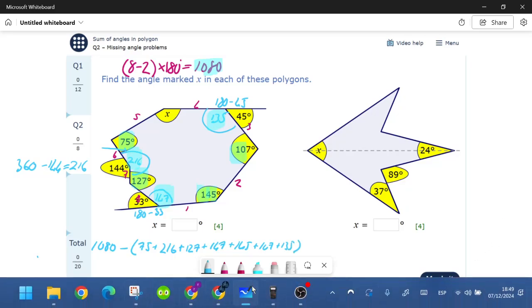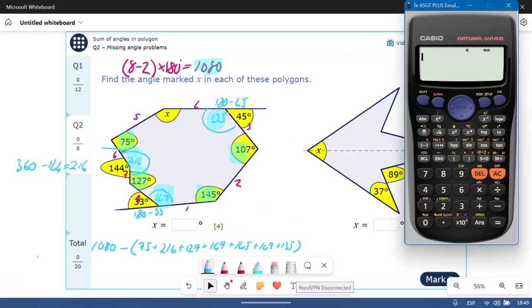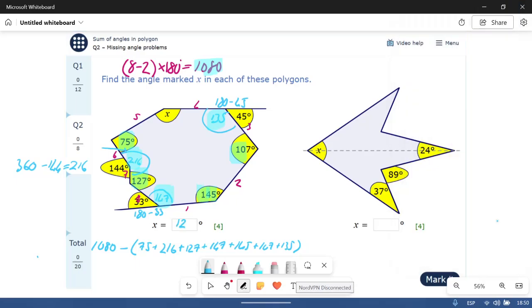Let's put that in the calculator. And we get 128, which sounds like a good reasonable answer because that angle looks like it could be 128.